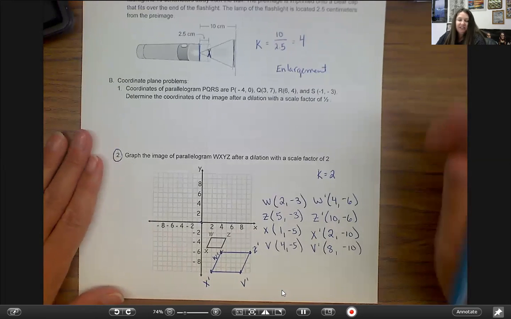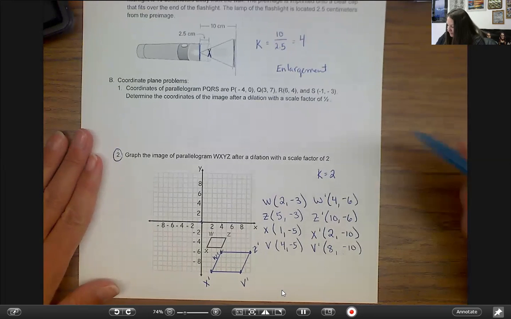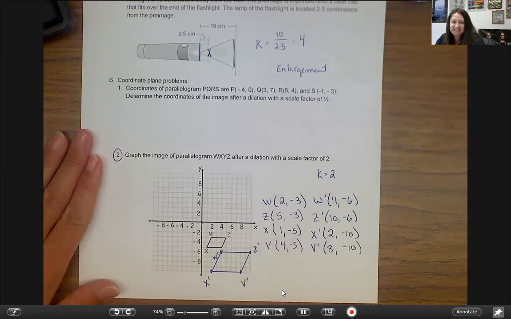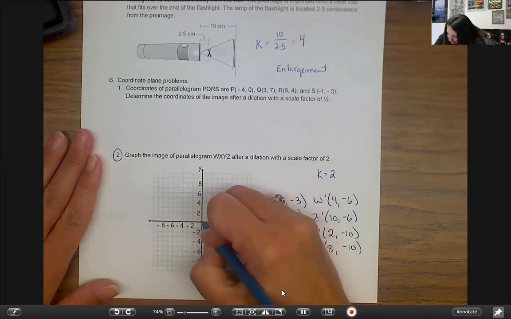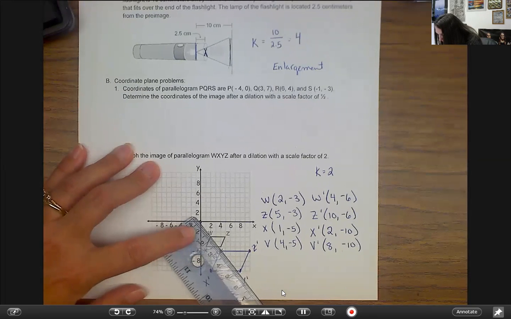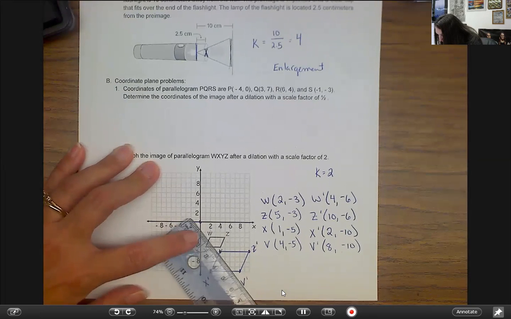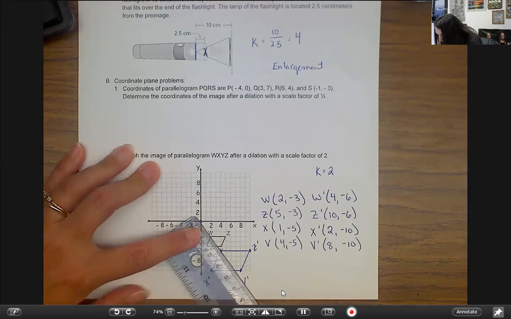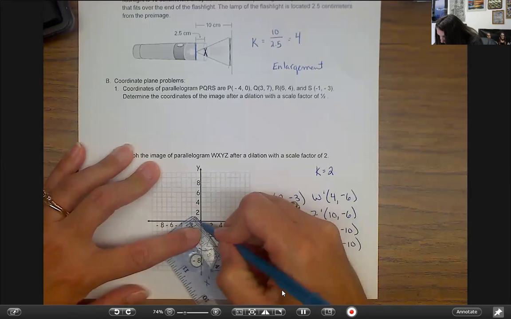So it should look like our shape is basically twice the size, but really the distance from center is twice as much. The center of my graph is located at the origin here. So if I connected corresponding vertices with the center of dilation, or the origin, they should line up.